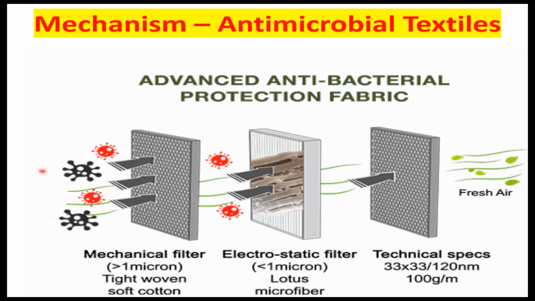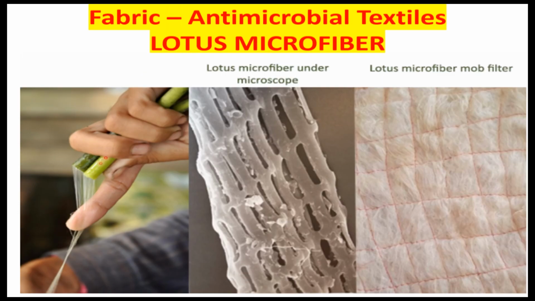So these layers, or the textiles, are made in such a way that the microbes are unable to pass through the layers. Then this is the picturization part of it. As you can see, a lotus microbe under the microscope, a lotus microbe filter, it filters the microbes.